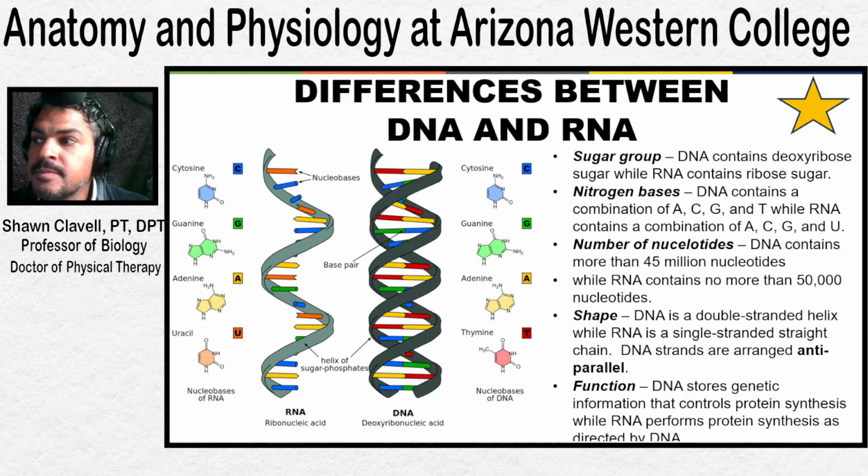The shape is different. Obviously, we mentioned the size, but also the double helical structure. So RNA really just has a complementary strand to DNA, cytosine matching with guanine, uracil matching with adenine, and as a result, what you get is a portion of the DNA, whereas DNA has the double helical structure.